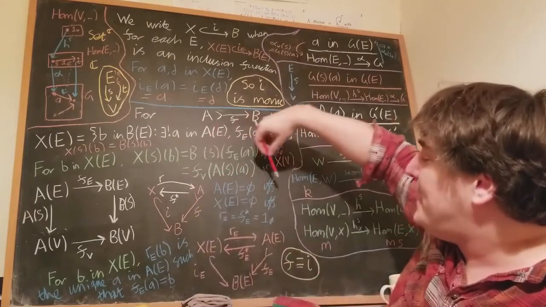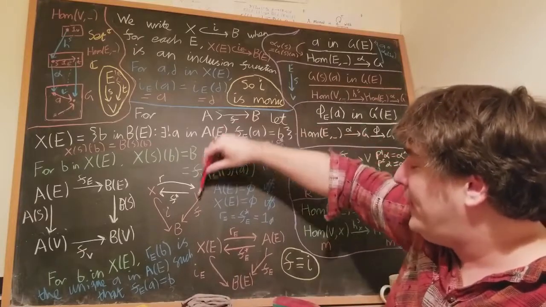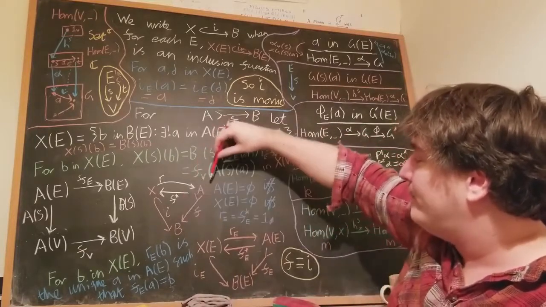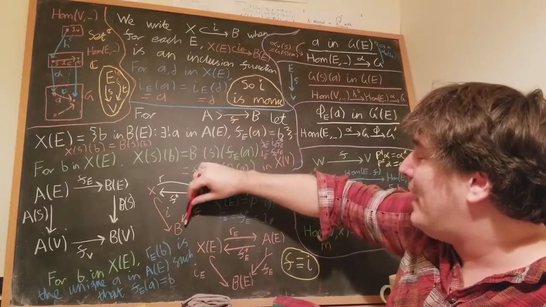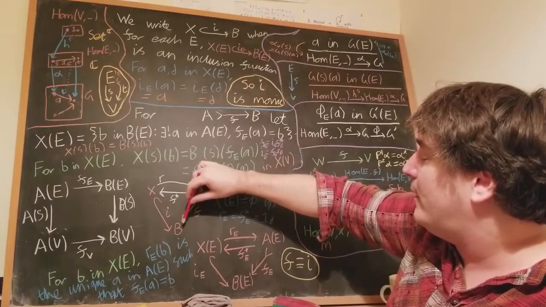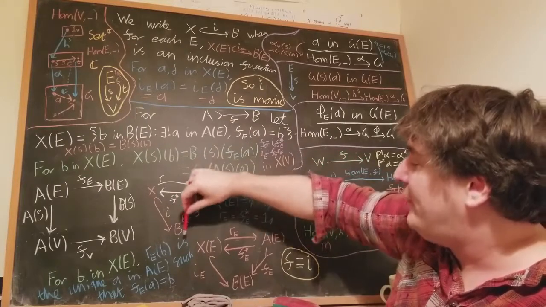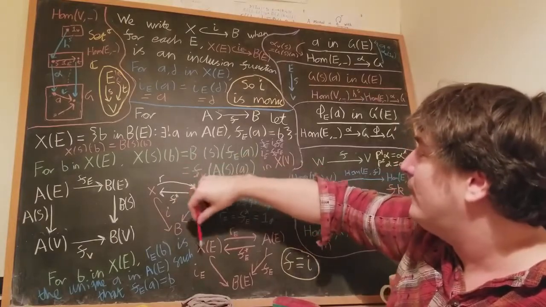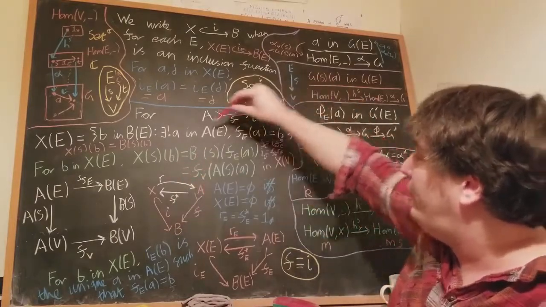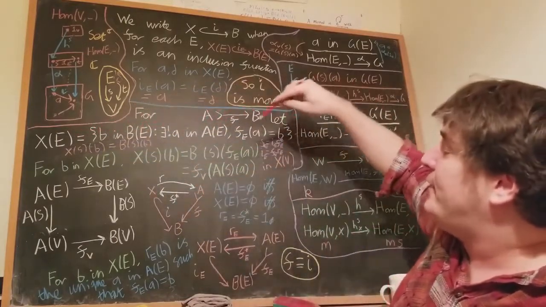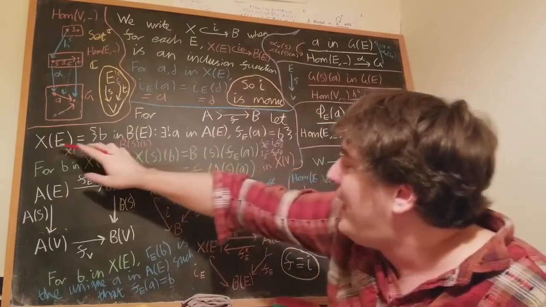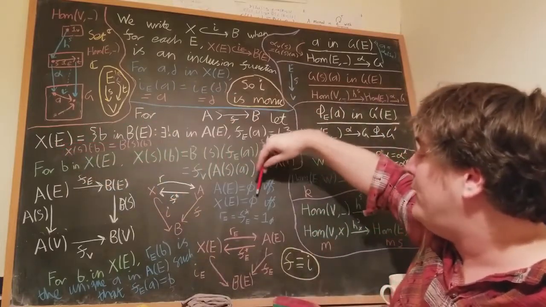That means that this monic F is sending the empty set of stuff into the E-type elements of B here. So if you look at this equation, this implies that X of E is also the empty set.